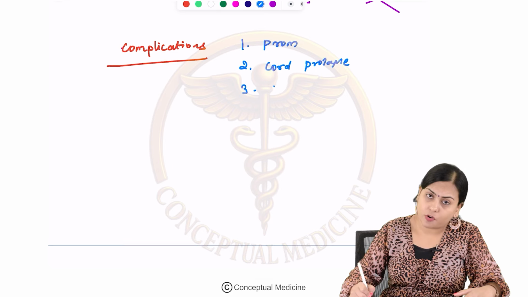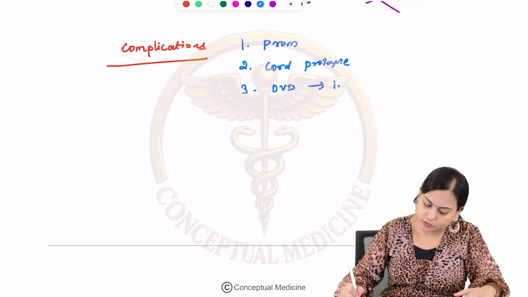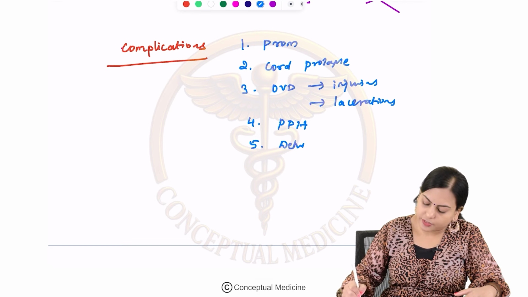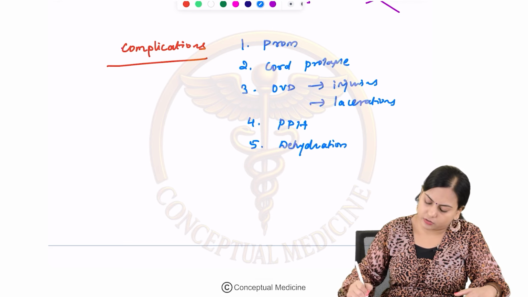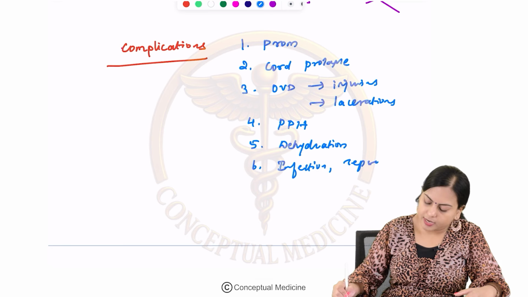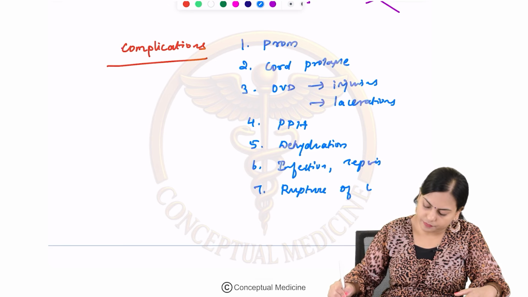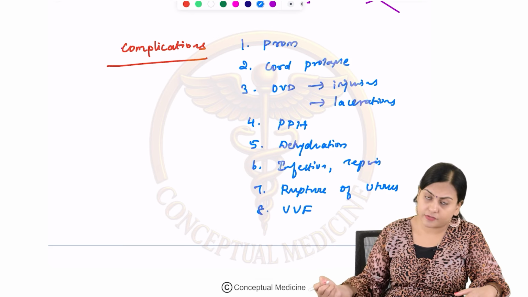There can be chances of operative vaginal delivery which will lead to injuries or lacerations, or there can be chances of postpartum hemorrhage, okay, and chance of infection, dehydration, sepsis can also be there, and sometimes this can even result in rupture of the uterus. Then there can be formation of vesicovaginal fistula.